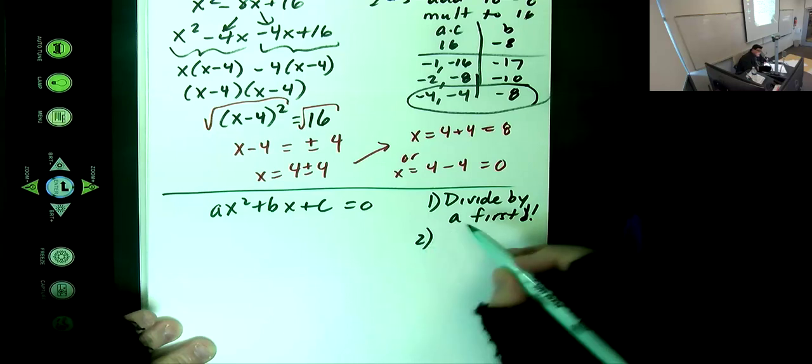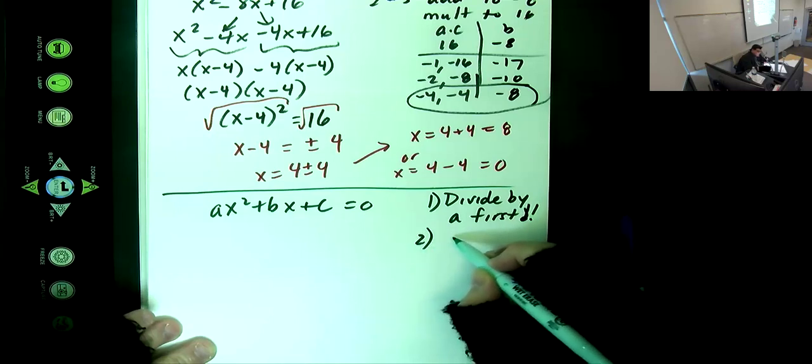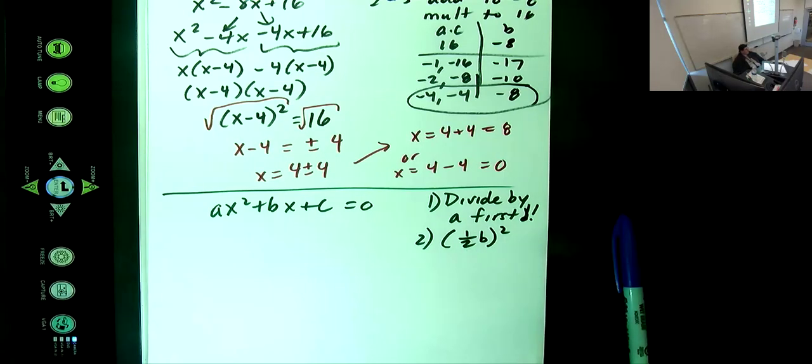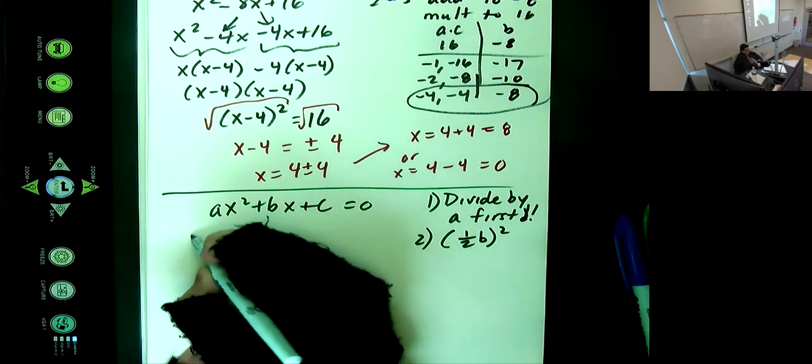And then do the 1/2 b squared. So we're going to do that on our x squared plus 16x plus 61.